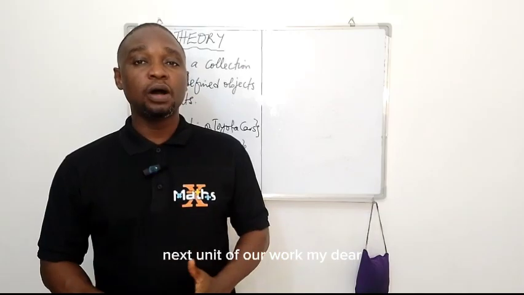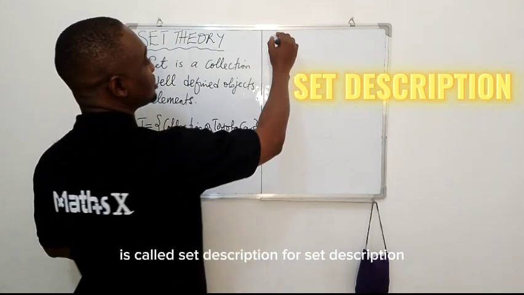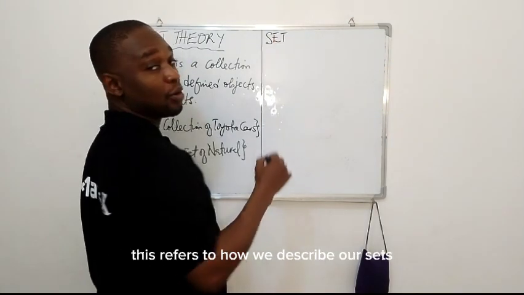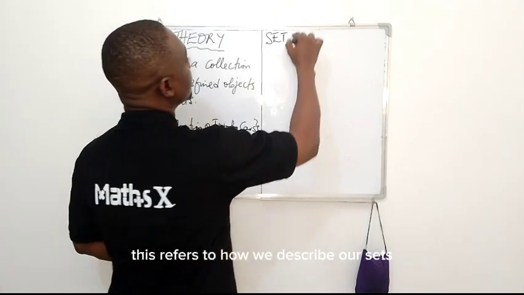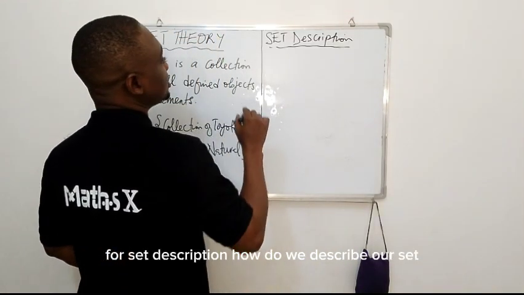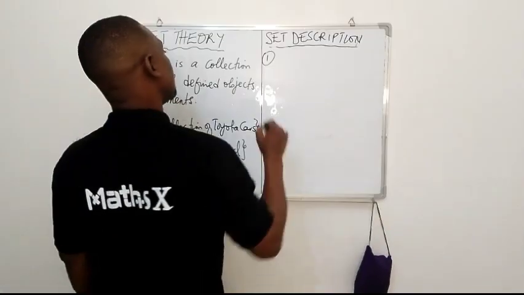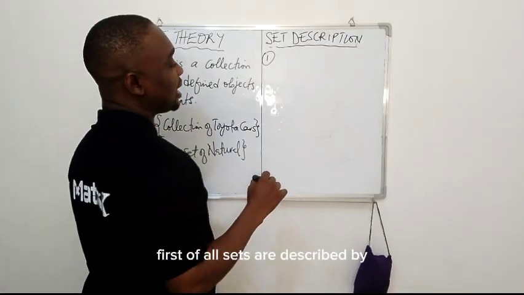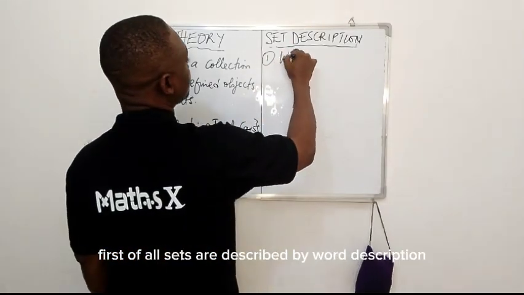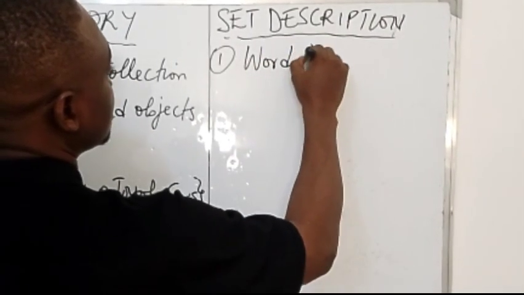The next unit of our work, my dear, is called set description. Set description refers to how we describe our sets. So how do we describe our set? I think I prefer to use capital letters, please. First of all, sets are described by word description.